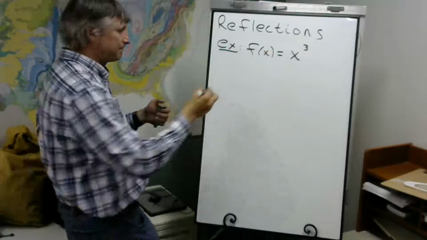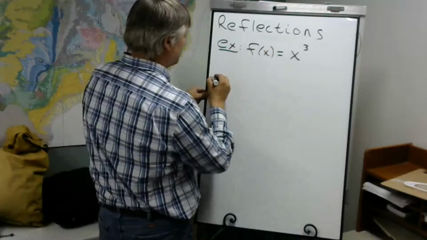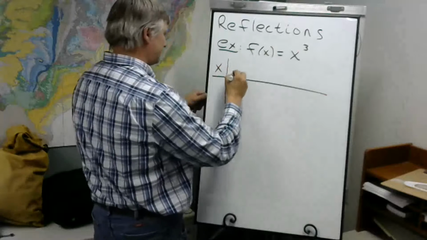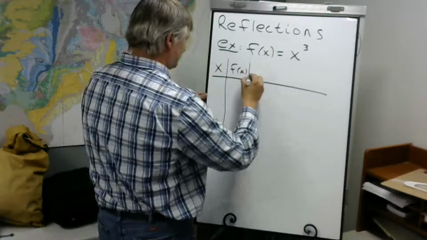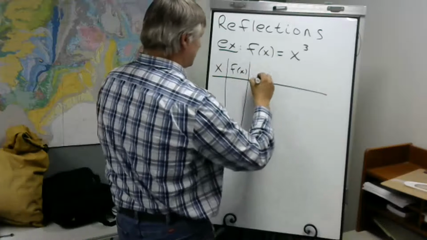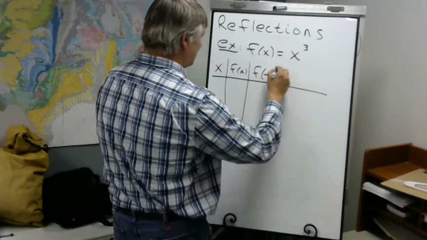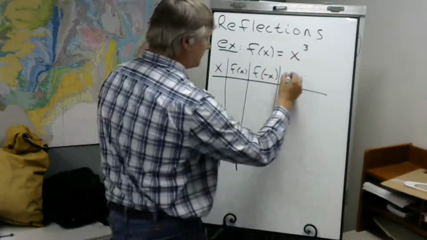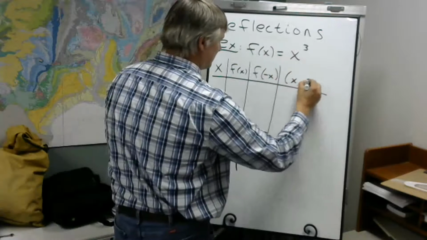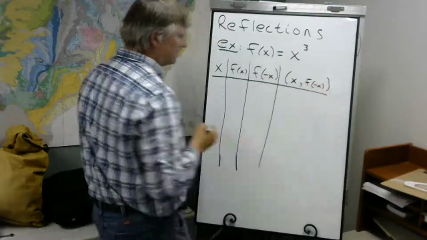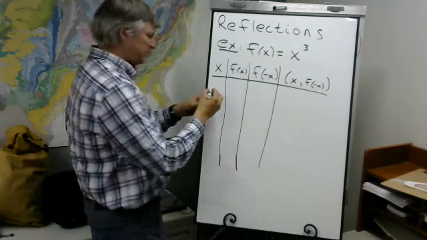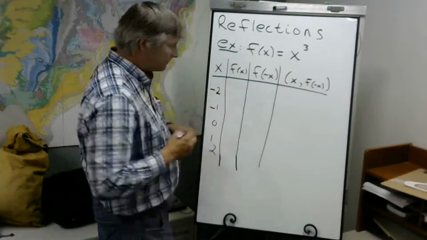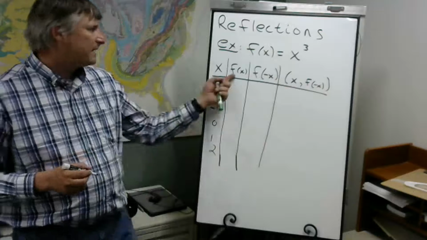So again, let's go with numbers. Now, f of x is x cubed.